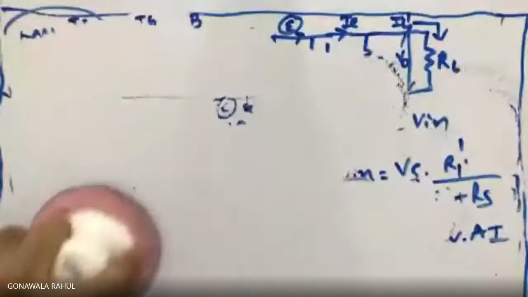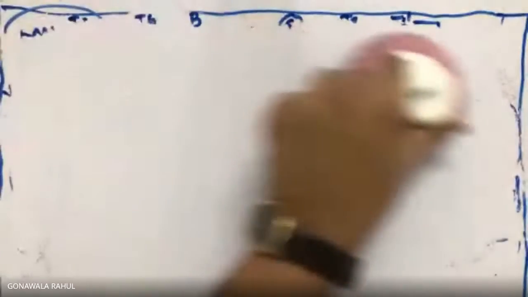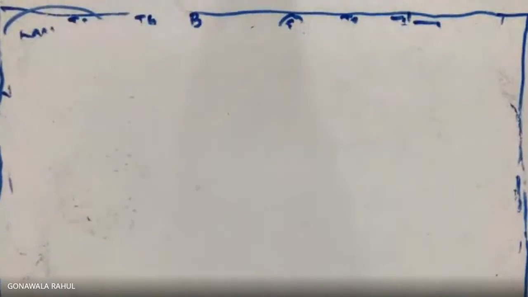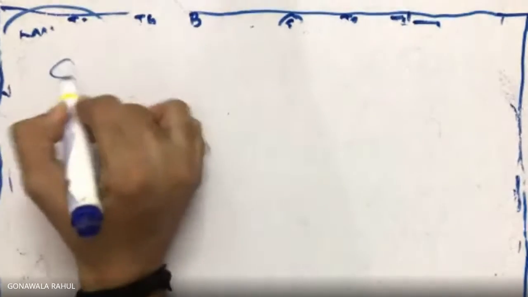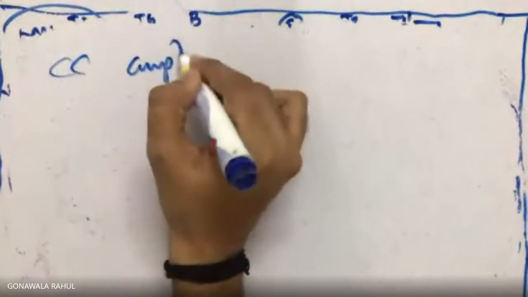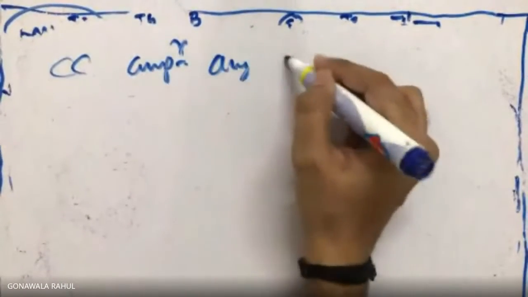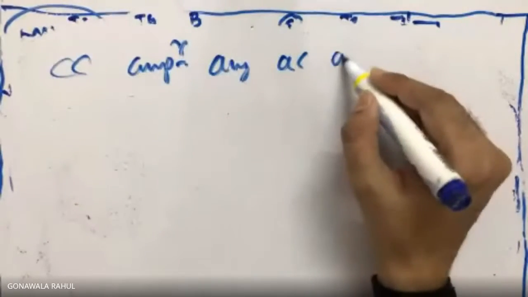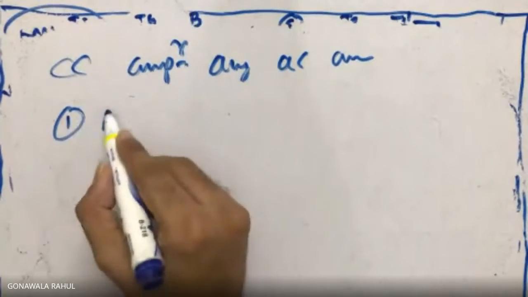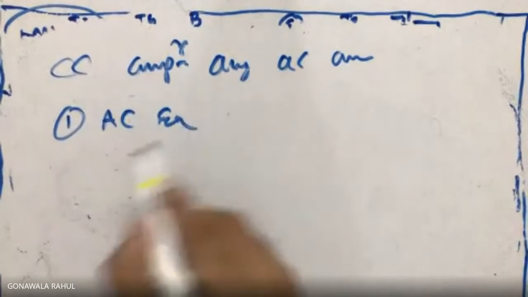Now quickly we summarize this theory. In the AC analysis of the common collector amplifier, what have we done? Step number 1, we found the AC equivalent circuit.